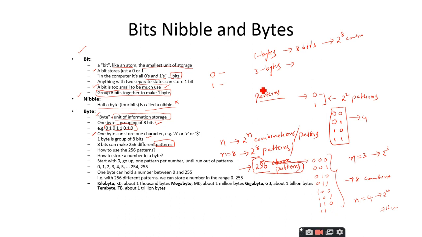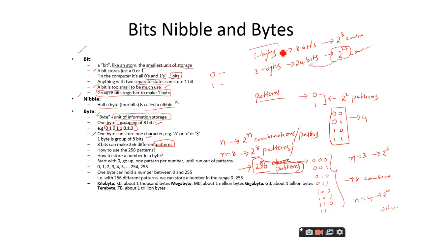The first step is to convert the bytes into bits. 3 bytes means how many bits? 1 byte is 8 bits and 3 bytes is 24 bits. So total combinations you will have is 2 power 24. Like that, the generalized formula is 2 power n, where n represents the number of bits, not bytes.